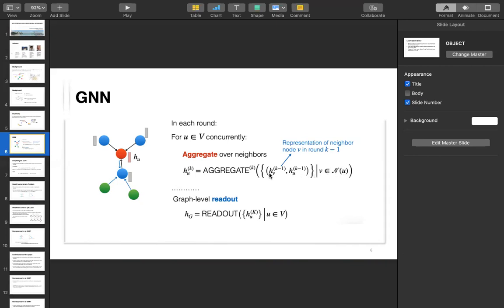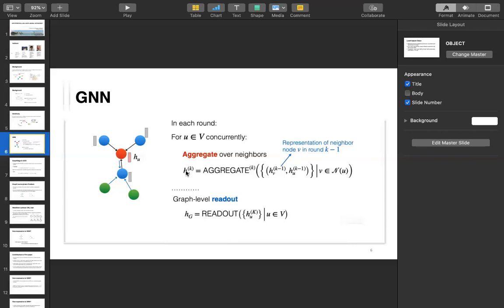The set here is the features of the neighboring nodes, and the other term is the feature of the reference node itself. We use the aggregate function to aggregate the information of this reference node and its neighboring nodes to update the node embedding. The k-1 and k here are the layers, right? Yes, the layers.